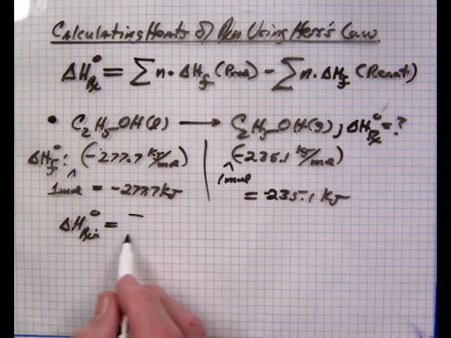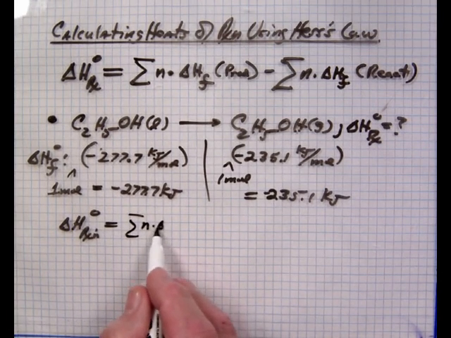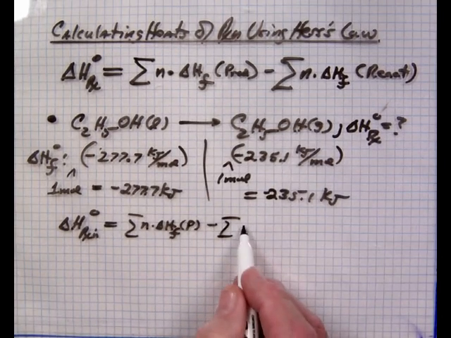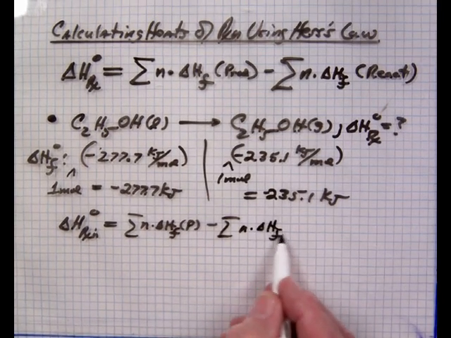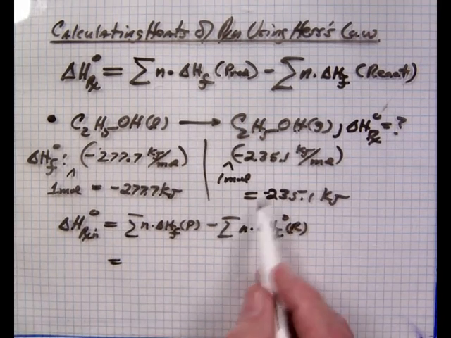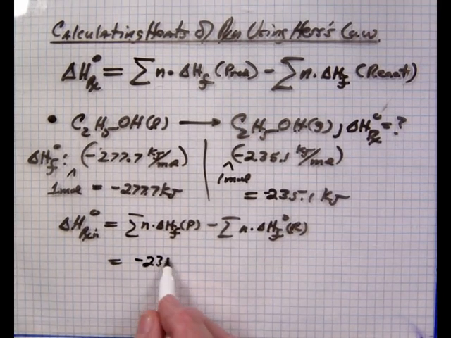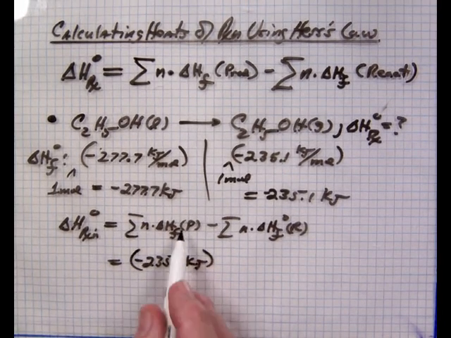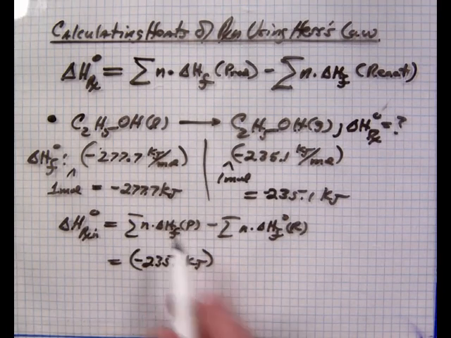Products minus reactants: sum of n times delta H of formation of the products, minus sum of n times delta H of formation of the reactants. Well, the products are right here, so that's a minus 235.1 kilojoules. I'm going to put parentheses around that because that's this term right here.